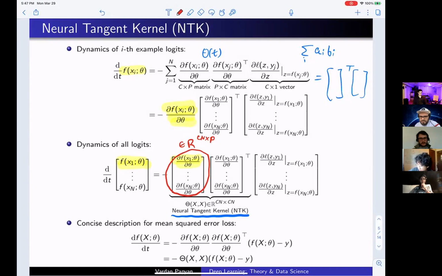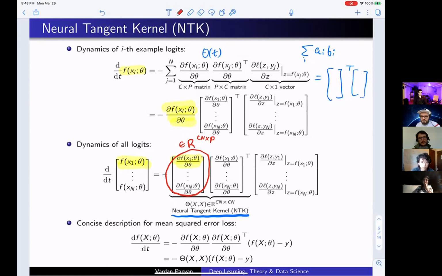The neural tangent kernel is a Gram matrix. The question is a Gram of what? What is being inner producted here? The thing that's being inner producted here are derivatives of logits with respect to the parameters of the model, right?